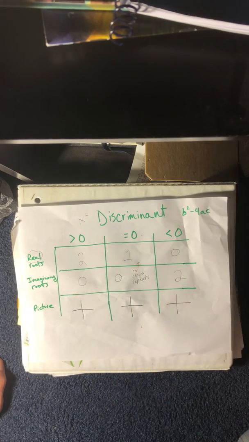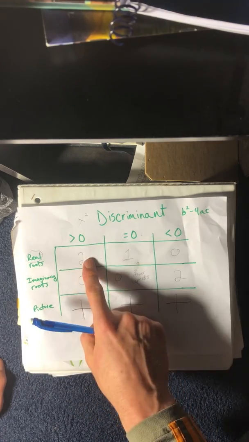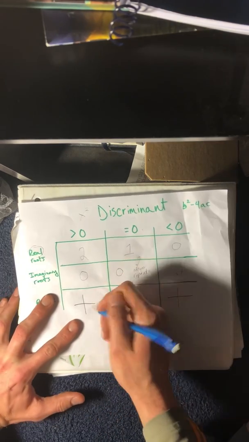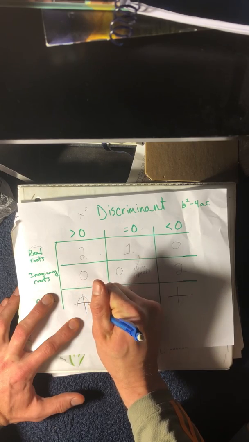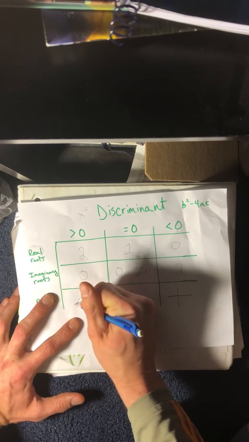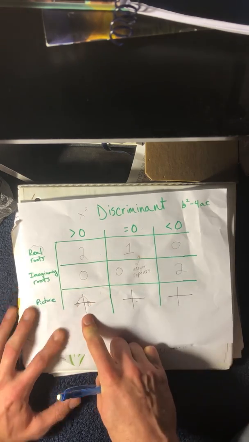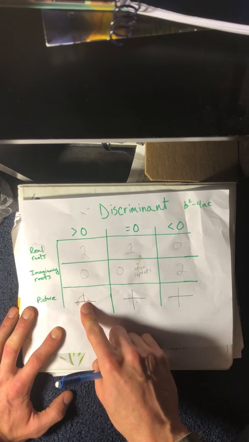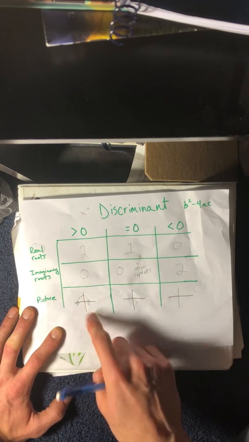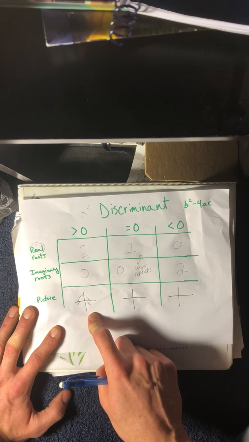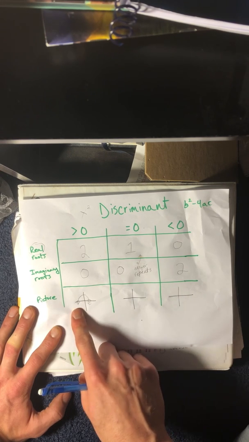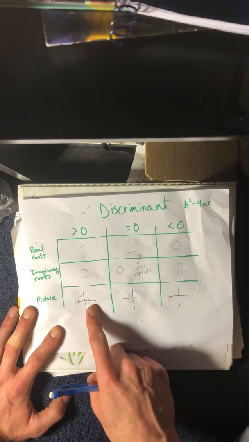Okay, all right, so what does that look like? Well, if your discriminant is more than 0, it means you might have a parabola, for example, that touches the x-axis twice. It doesn't matter if it opens up or down. It doesn't matter if it touches both negative or both positive or splits.